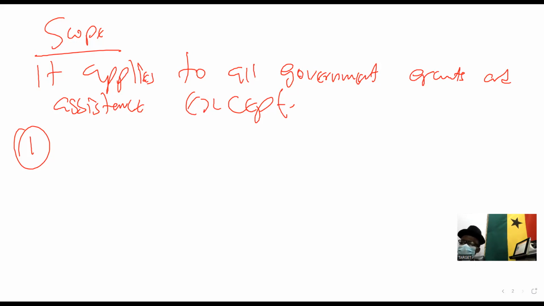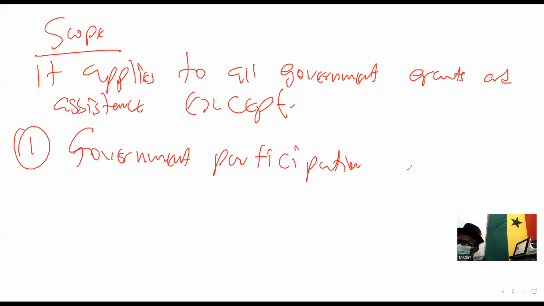First exception: government participation in the ownership of the entity.